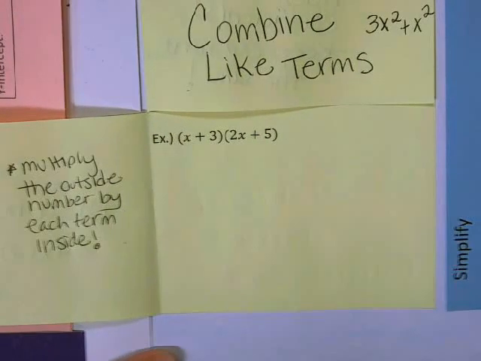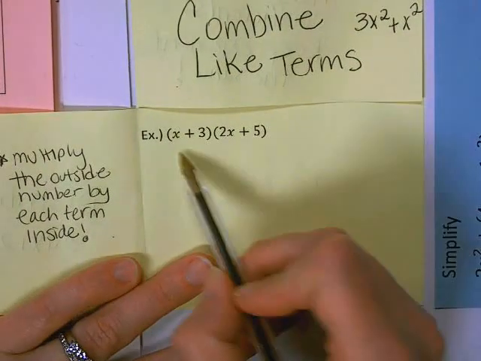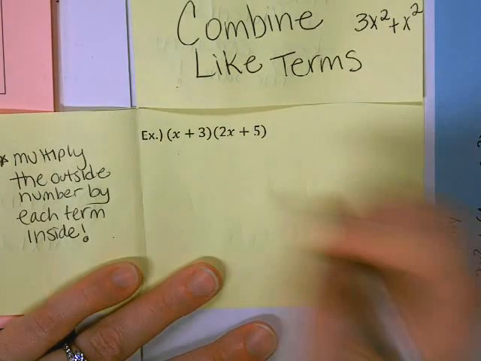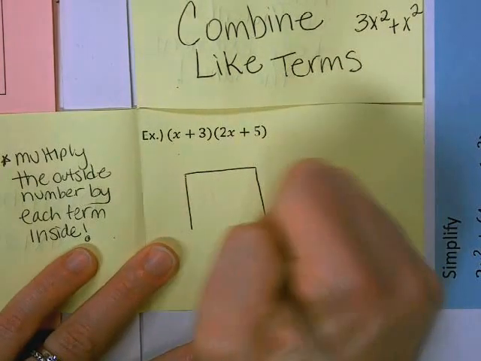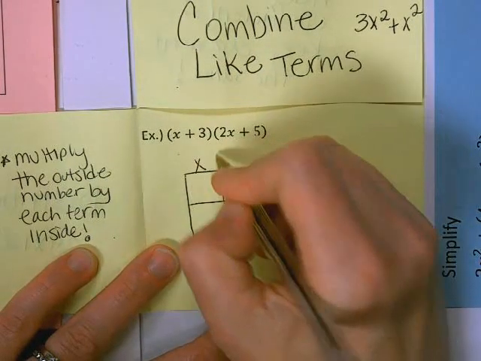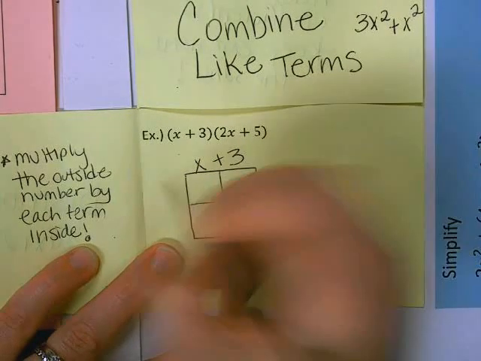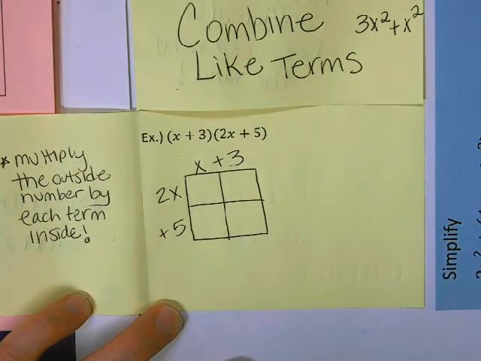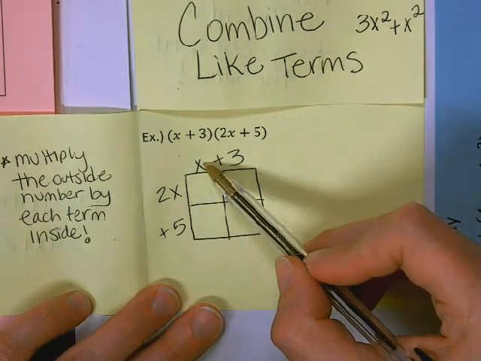Okay, this very last example in the yellow foldable is x plus 3 times 2x plus 5. So remember, on this one, this is where we draw the box and we do like you did in biology. So we say x plus 3 on one side and 2x plus 5 on the other side. So 2x times x.